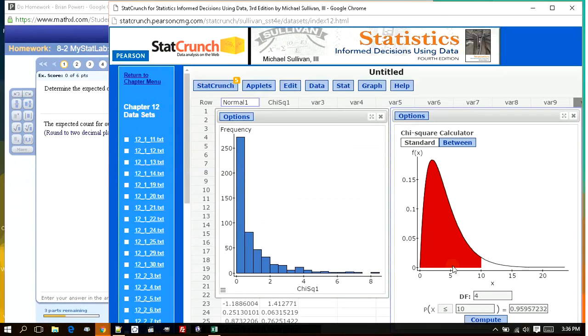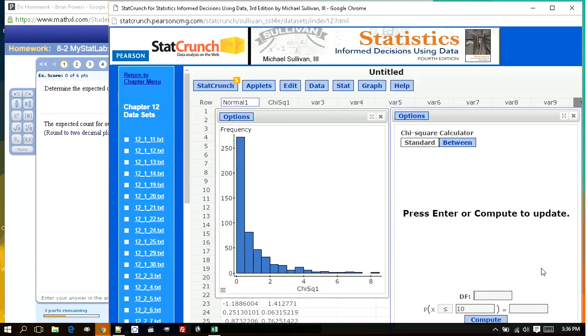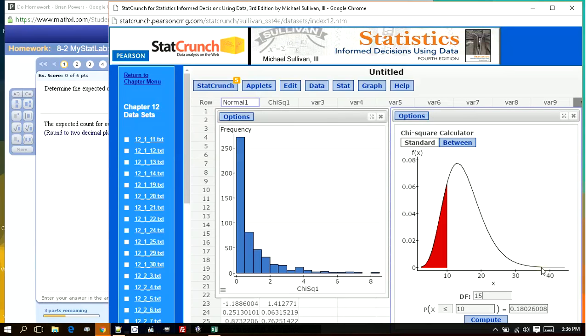You can see the mean of the distribution is increasing. Let's look at what 8 degrees of freedom looks like. You have this bump. Look at 15 degrees of freedom. So you can see what's going to happen as you add up chi-square random variables. The degrees of freedom increases. That's one thing that happens.